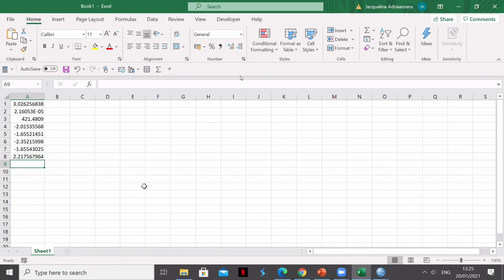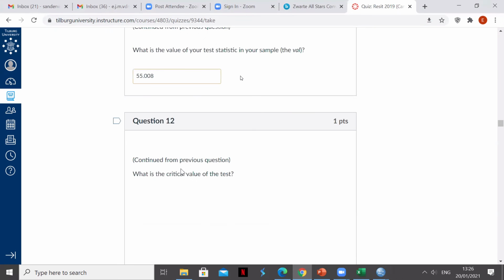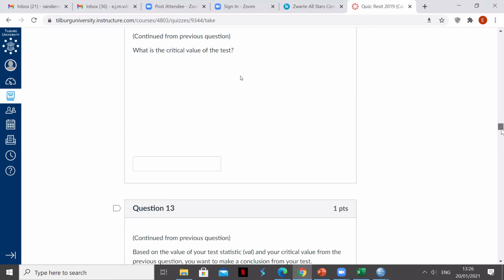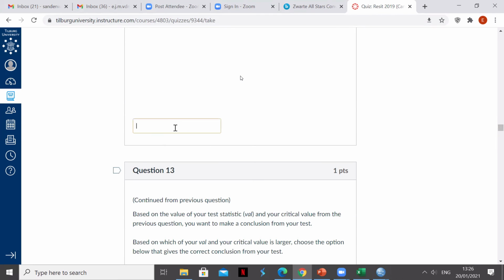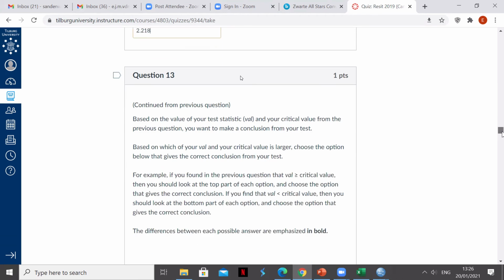And this is your critical value. You copy it, Control C, and you just put it in and round it off. I think Canvas will do it as well, but I think we're able to do it ourselves, right?